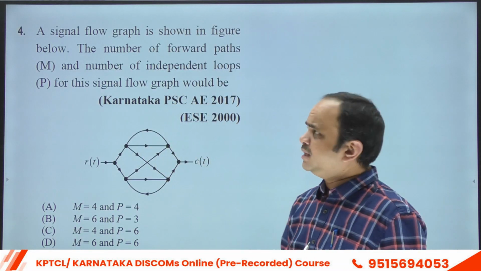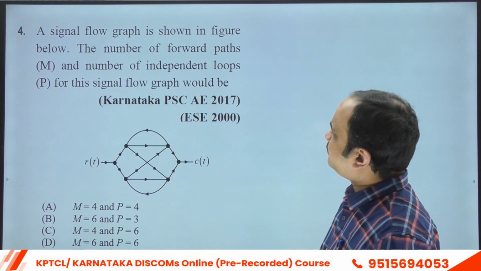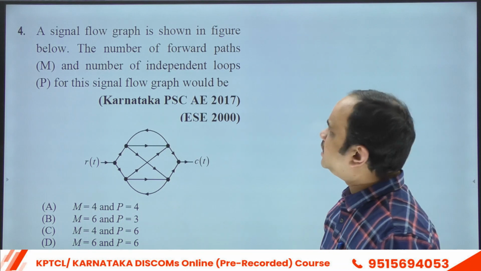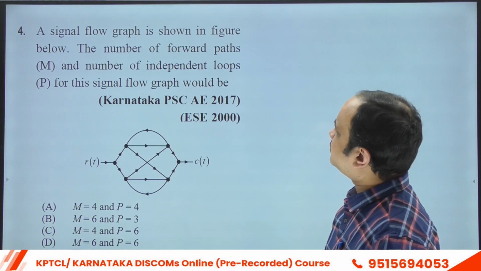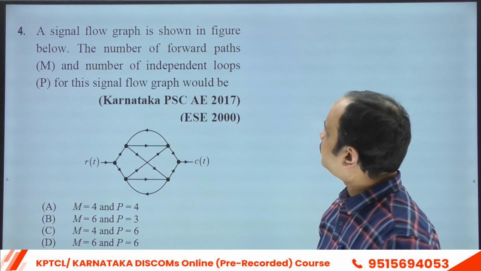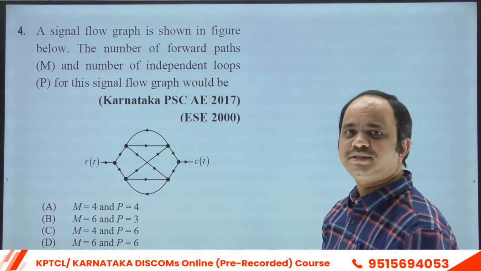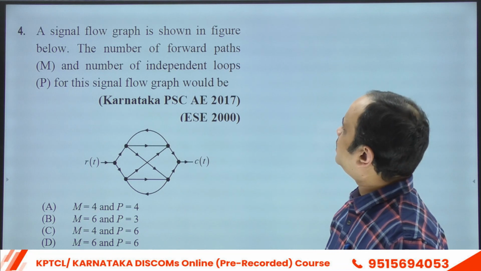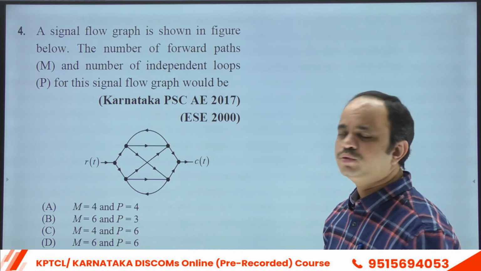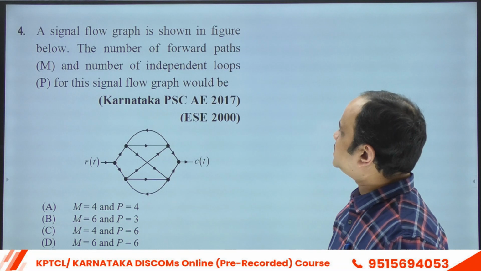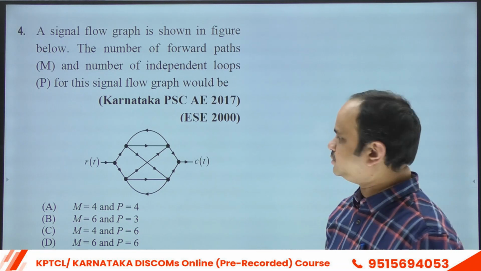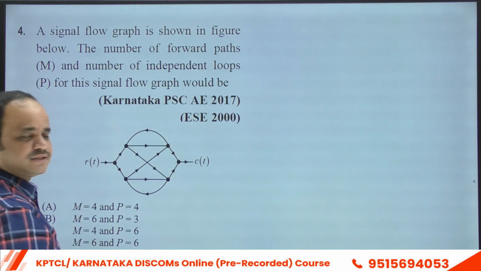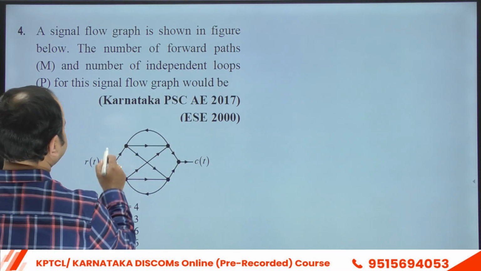Next, coming to this signal flow graph, we need to identify. Let me read the question first. A signal flow graph is shown in the figure below. The number of forward paths is given with the symbol M. Next, the number of independent loops is referred with the P. For this signal flow graph would be okay. Now just for ease of understanding, let me give some symbols here.